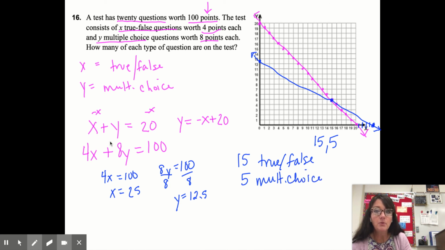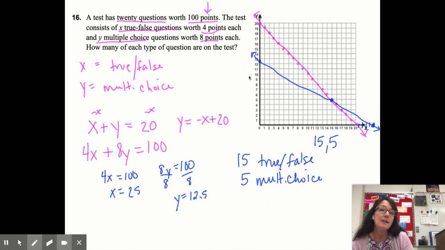Does that work in both of these? Well, we know that 15 plus 5 is 20, and 15 times 4 is 60, and 5 times 8 is 40, and 60 and 40 equals 100, so it would actually work in this case.